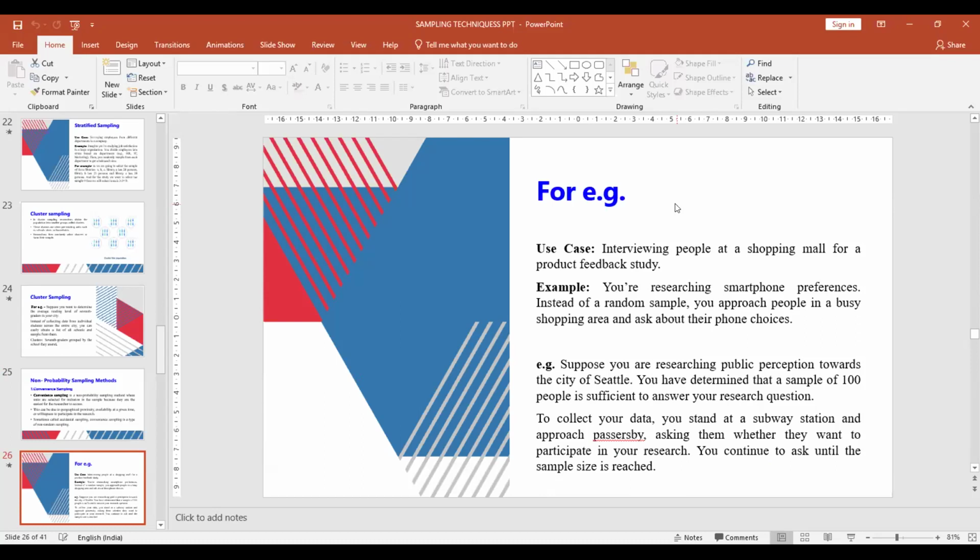You continue to ask until you reach the sample size you want. So that's why we say that a convenience sample is, as I said, totally unsystematic, careless, and accidental.